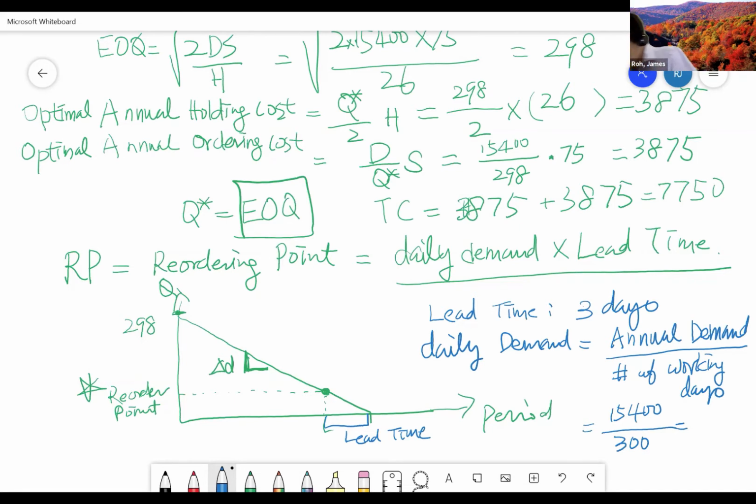So daily demand is going to be, how many is it? 51.33, right?